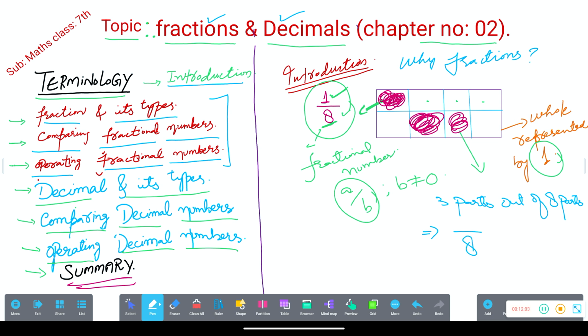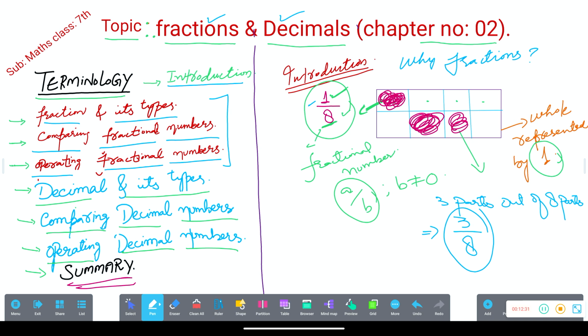And out of 8, how many are you taking into consideration? You are taking 3, because you are coloring 3. So 3 by 8 of the whole rectangle has been colored. In the same way, 1 by 8: when you take just one part, then 1 by 8 of the whole rectangle has been colored.